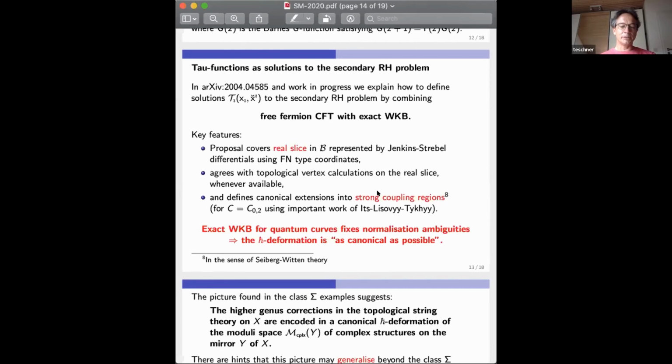that in the cases associated to weak coupling, the coordinates related to this would always be of the Fenchel-Nielsen type, but in the strong coupling region, the coordinates which play the same role, in the sense of appearing in these Fourier series expansions, interestingly turned out to be of Fock-Goncharov type.